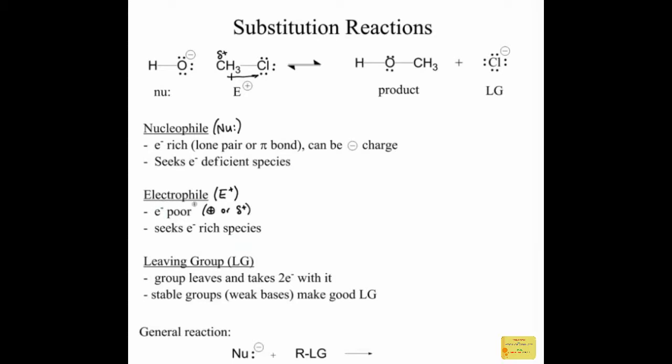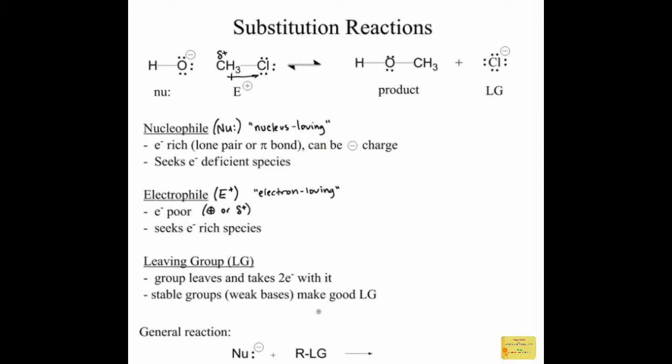Oh, I should mention, where does the name electrophile come from? It's called an electrophile because it is electron-loving. Right? And that makes sense. If it is electron deficient, it's going to be seeking electrons, loving electrons. A nucleophile is called such because it is nucleus loving. And what sort of things do we have in the nucleus of an atom?